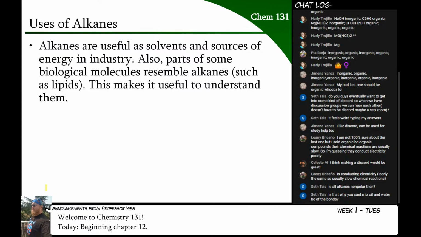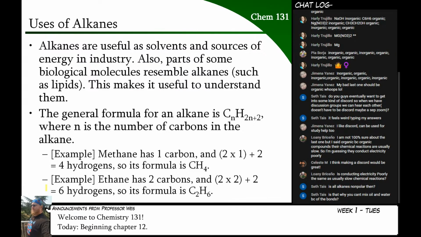And fats are long chains of alkane hydrocarbons connected to a very polar part. We'll get to that in chapter 17, I think, when we do lipids. But yeah, you'll start to understand all these things that we just sort of told you in Chem 121. It's like, oh, that's why. And it has to do with alkanes. So understanding alkanes is really useful.